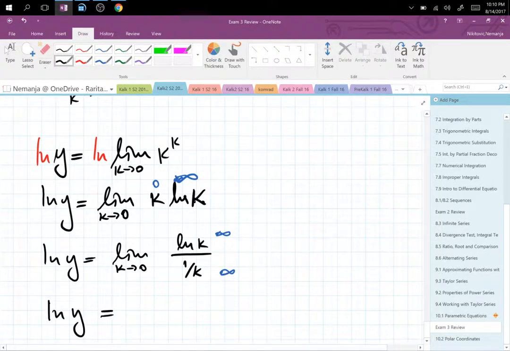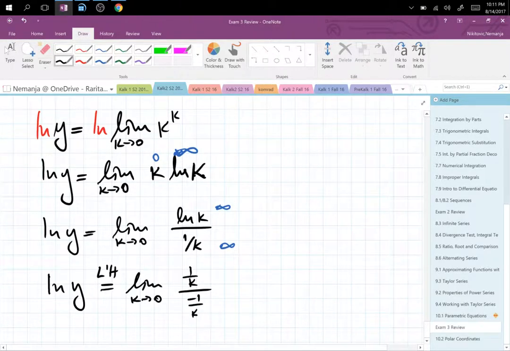ln y, by L'Hopital, limit as k goes to 0. The derivative of ln k is 1 over k. The derivative downstairs is negative 1 over k squared. So all of this is the limit as k goes to 0 of negative k, when you cancel everything, which is 0.